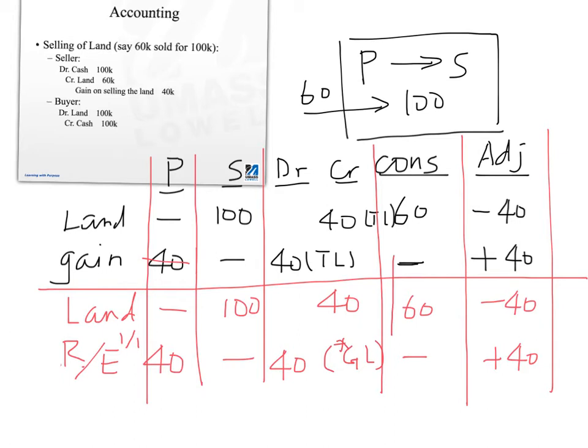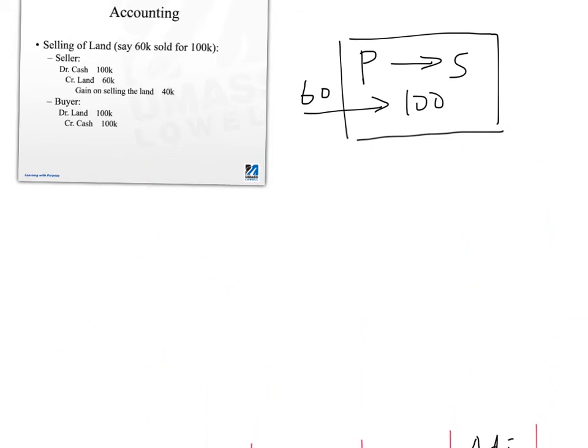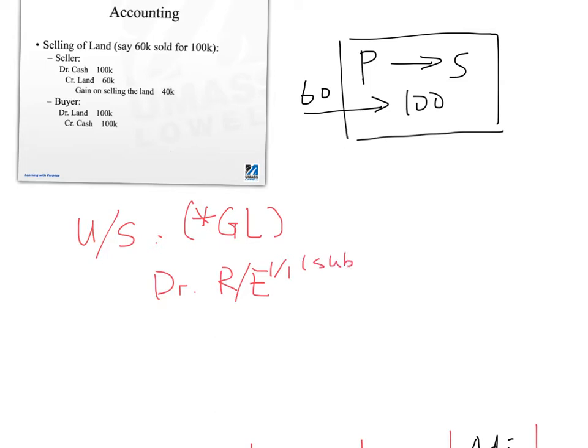So if it's an upstream sale, the star GL would be debit retained earnings 1/1 of the sub, because it's upstream sales from the sub to the parent, the 40.